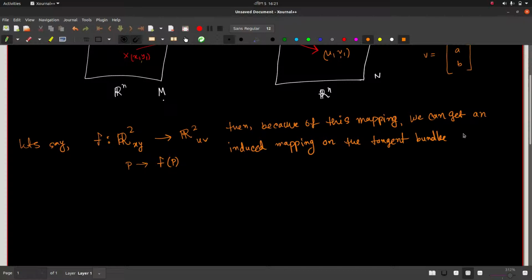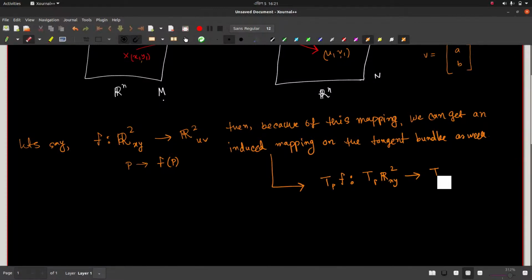So the tangent bundle as well, and this is given by, let's say, T_p. We are considering that from T_p of R^2 (xy) to T_{f(p)}.